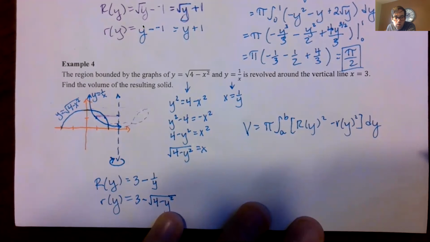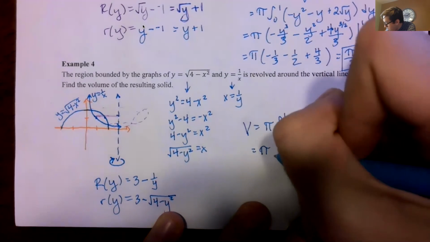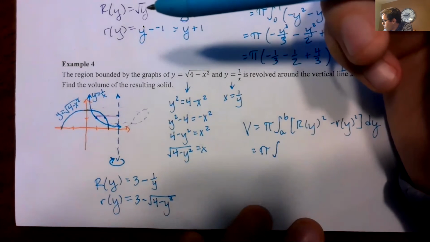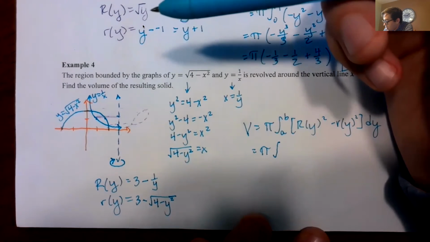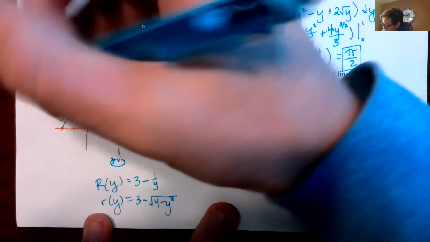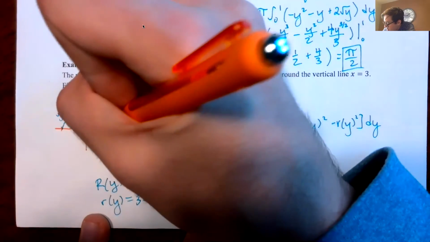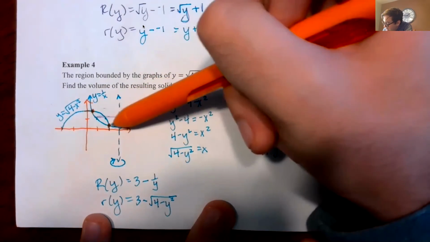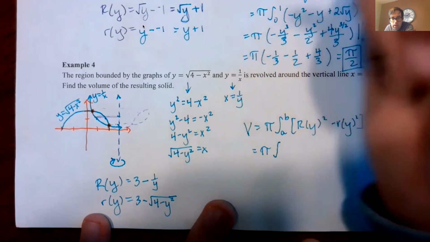And so we are going to plug these in. This is going from a y value. Interesting. Well, we care about where these regions intersect, right? So we care about this point and this point. So we got to figure out where on the y-axis are these points so that we can put the bounds of our integral.